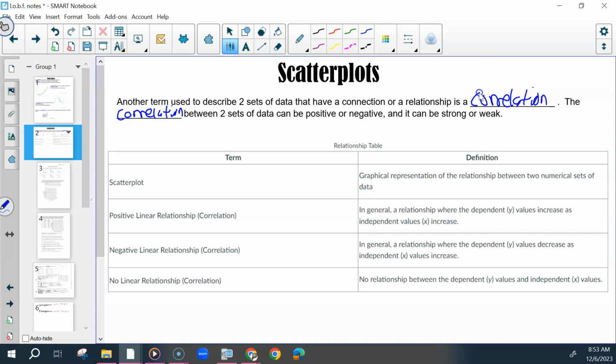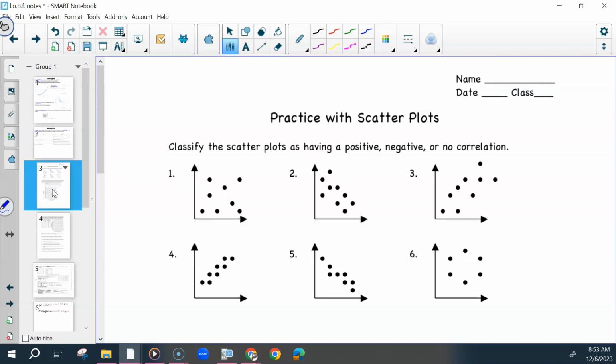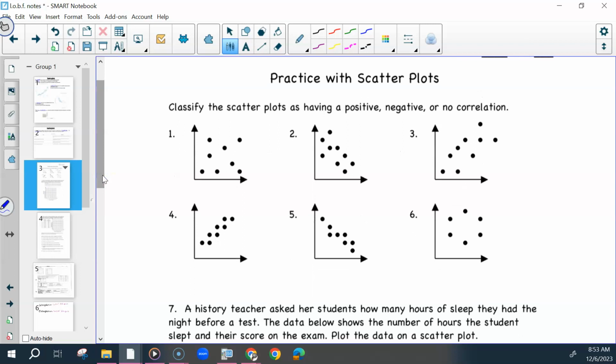Okay, so we'll go through some of these examples and then go on. Really, we're just going to talk about 1 through 6 and then kind of move on. Do we think this is positive, negative, or no correlation? No. It doesn't really look like one way or the other.